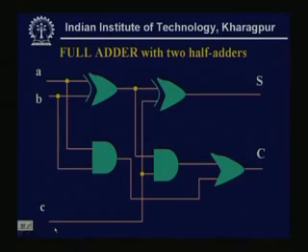Depending on the application, that means whether we want to reduce the area or reduce the power, we will select that type of realization consisting of AND, OR, XOR or NOT gates, etc.